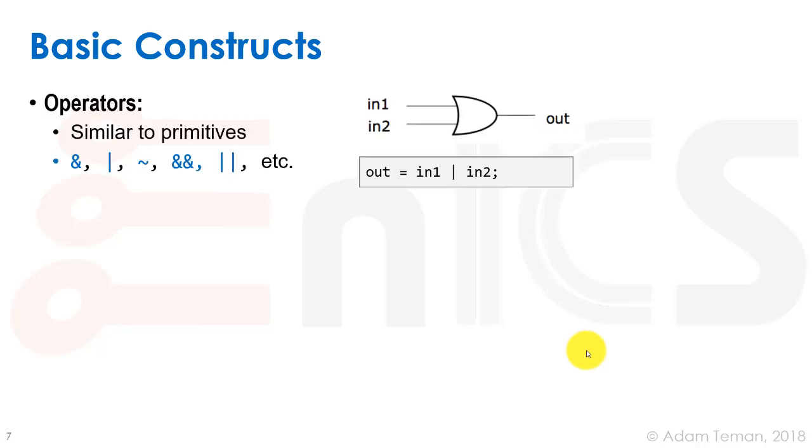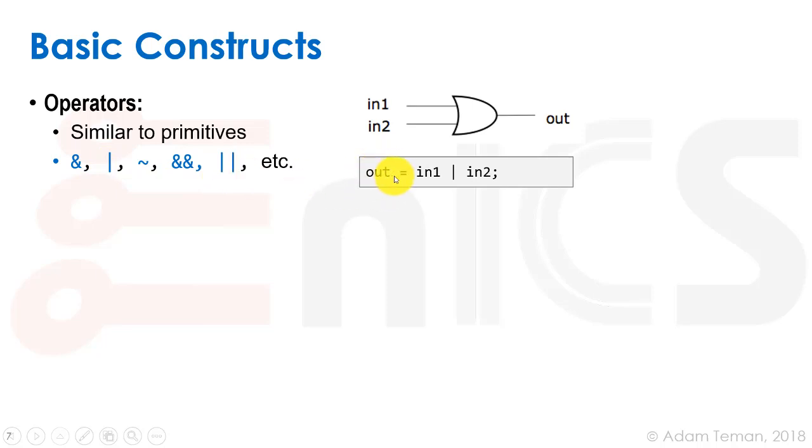So the basic constructs that we use more often in Verilog than the primitives that I showed on the previous slide are the operators. And we have different types of operators. So we have and, or, and then bitwise and, bitwise or, and we have this type of a not. We also have a bang, or an exclamation point, which is also a not. So what we'll usually write, if we want to describe this type of an OR gate, is one of these, either logical or, which is vector-wise, or a bitwise or.